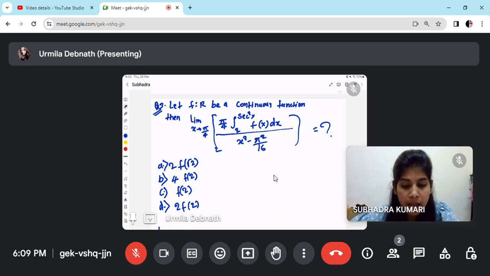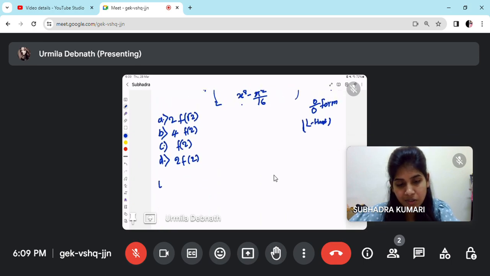In the denominator, if I put pi by 4 in place of x, pi square by 16 minus pi square by 16, the denominator also goes to 0. So this is the 0 by 0 form. Use the L'Hospital rule.